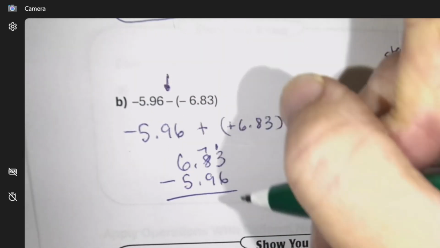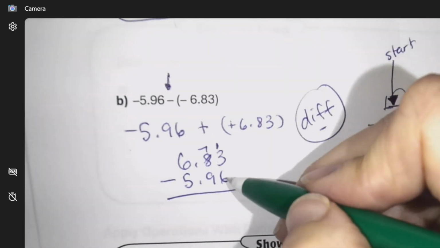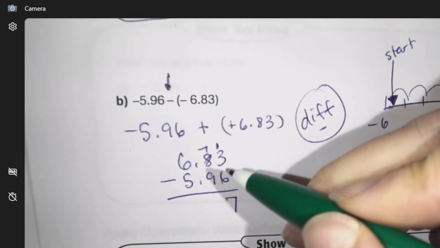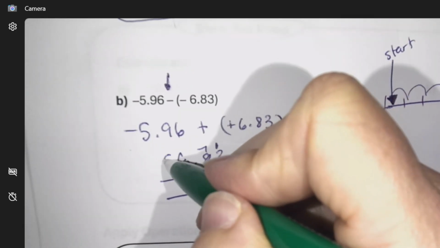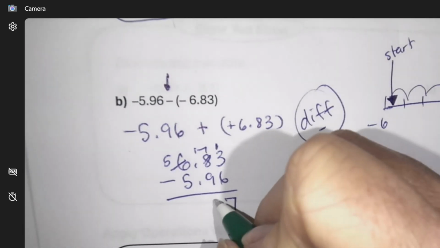So 13 instead of 3. So 13 minus 6, 7. Uh-oh, we have to borrow again. We can't do 7 minus 9. So 17 minus 9 is 8.